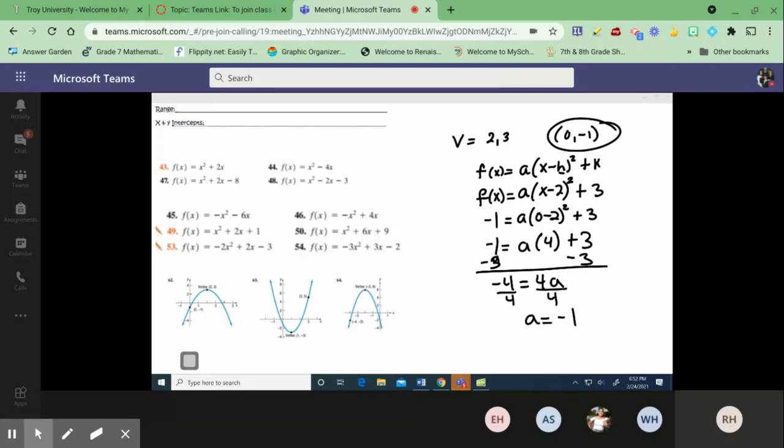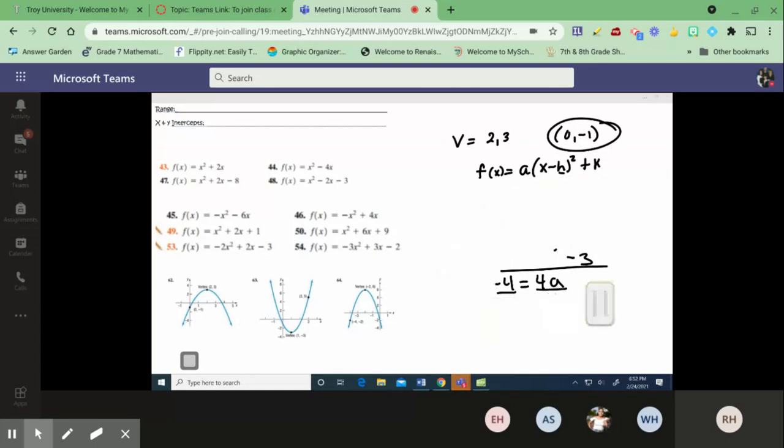Can I erase this? So now all I'm going to do is go back up and fill in f of x is equal to negative 1 times x minus 2 squared plus 3.